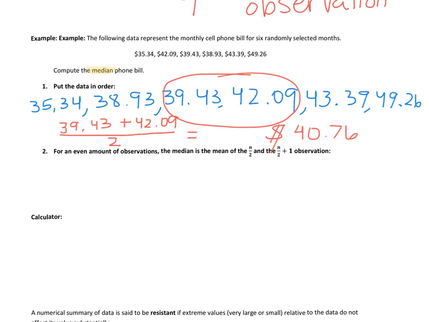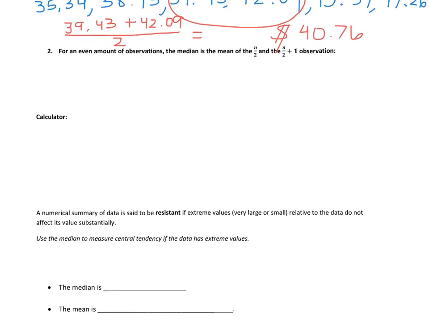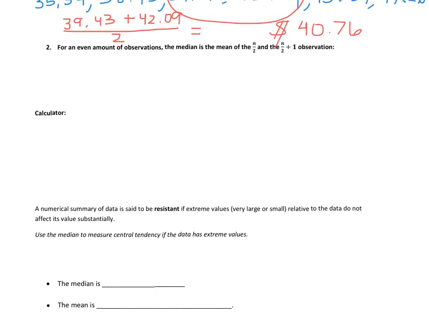So just as before, just in case there's a large data set, it's nice to have a formula. And let's look at these instructions. For an even amount of observations, the median is the mean of the n over 2 and the n over 2 plus 1 observation. So our n was 6. So 6 over 2 is 3. We have to look at the third observation.